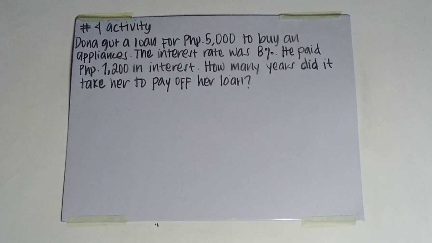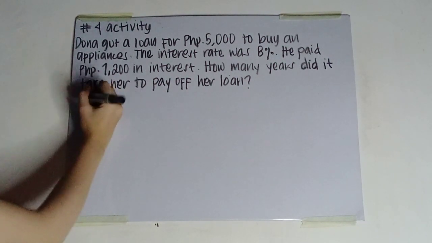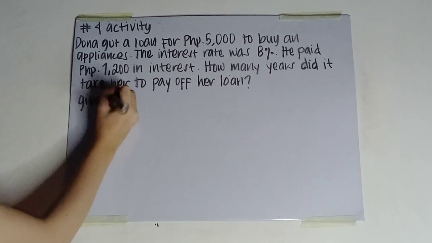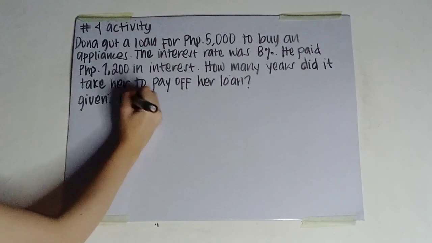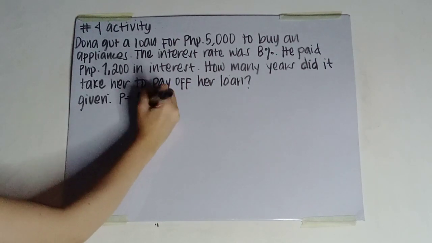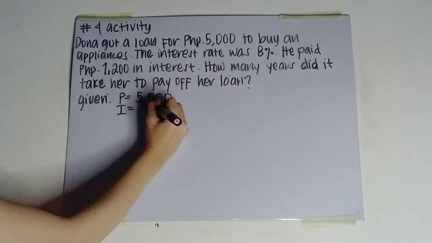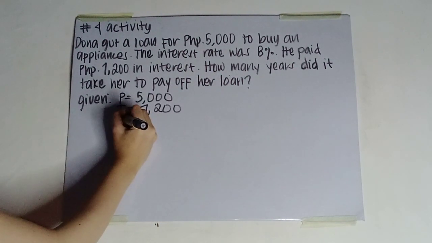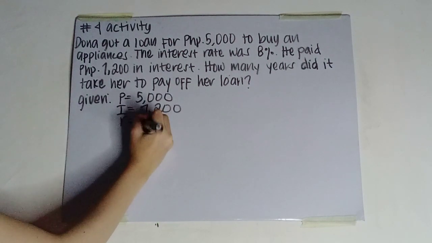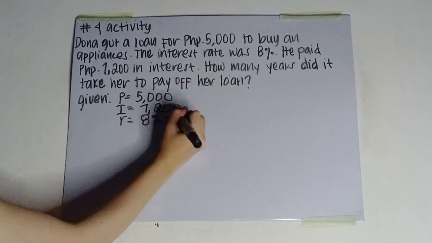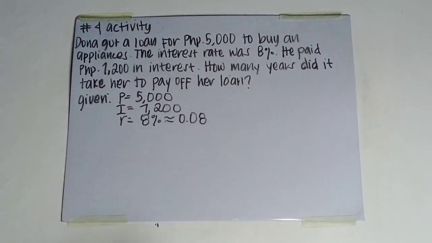Activity 4. Donna got a loan for 5,000 pesos to buy an appliance. The interest rate was 8%. She paid 1,200 in interest. How many years did it take her to pay off her loan? Write the given. P is equal to 5,000 pesos. I is equal to 1,200 pesos and rate is equal to 8%, converted into decimal, 0.08.